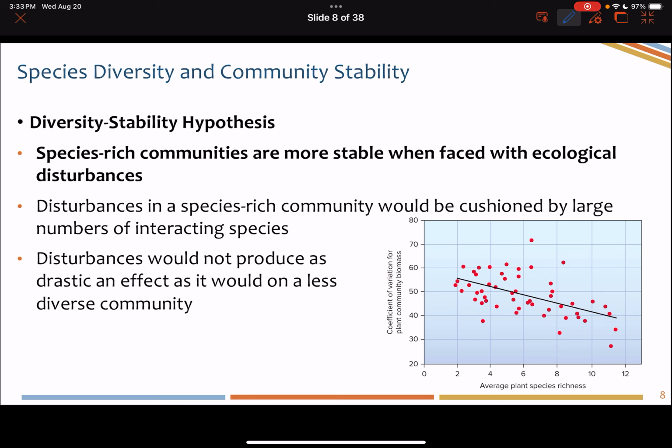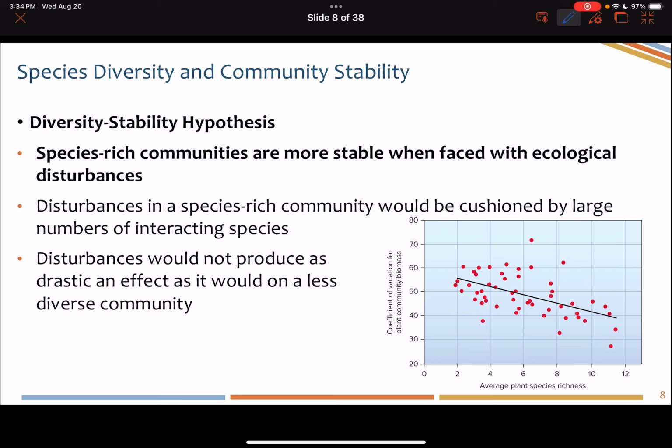Those ecological disturbances can be regular occurrences. It could be something like a hurricane on the Gulf Coast, or a drought in the Midwest. It could be a forest fire. It could be a whole variety of different disturbances.